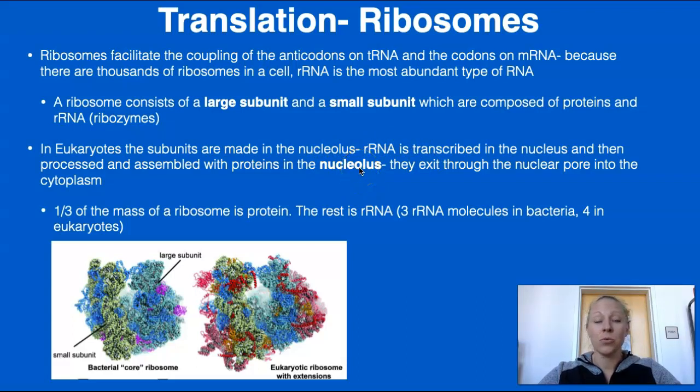Then they exit through a nuclear pore and exist in the cytoplasm. A third of the mass of a ribosome is protein, and the rest is rRNA. In a bacterial ribosome, there are 3 rRNA molecules, and in eukaryotic cells, a ribosome has 4 rRNA molecules.